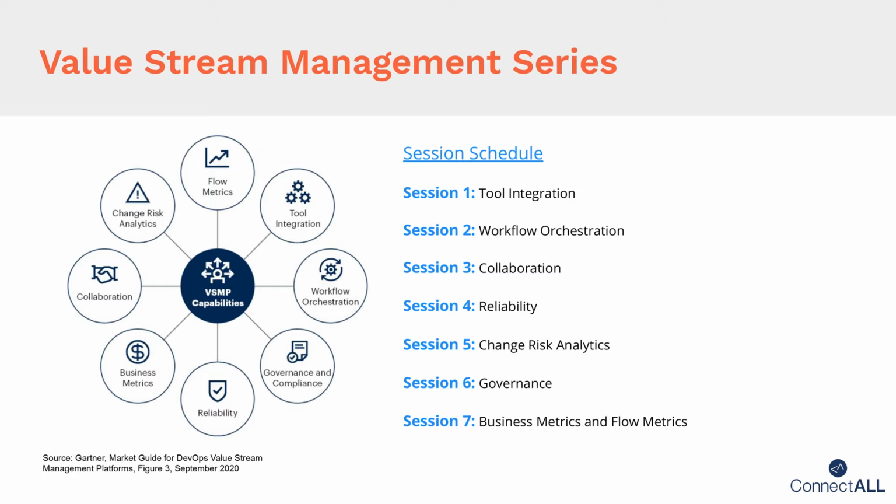In session 2, we demonstrated workflow orchestration with Jenkins and Azure DevOps. When a build was triggered in Azure DevOps, the artifacts produced by Jenkins were downloaded and made available for your deployment. Following in session 3, we showed how you can improve collaboration and feedback via ChatOps.